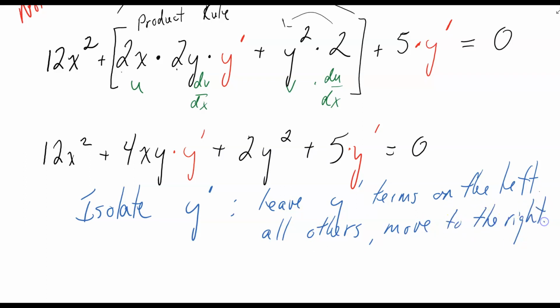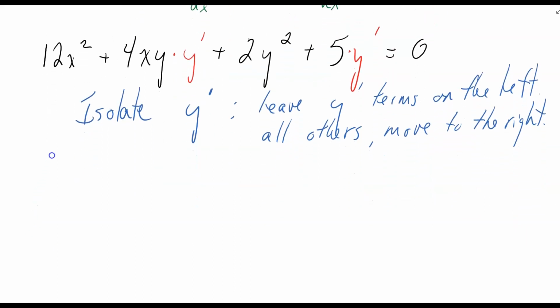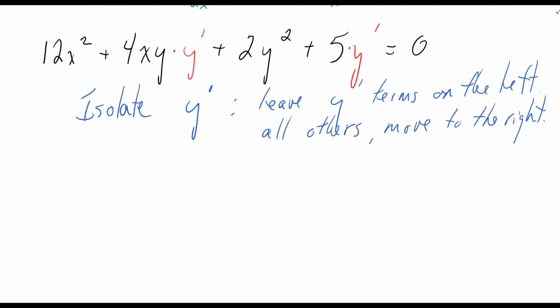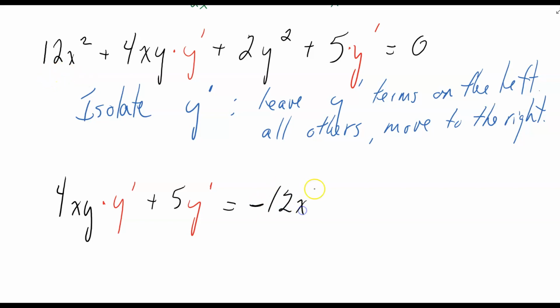Okay, let's take a look at that. So 4xy times y prime plus 5 times y prime equals, now I have to move the 12x squared to the other side as minus 12x squared.